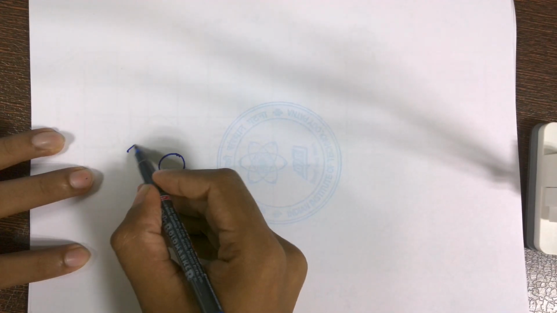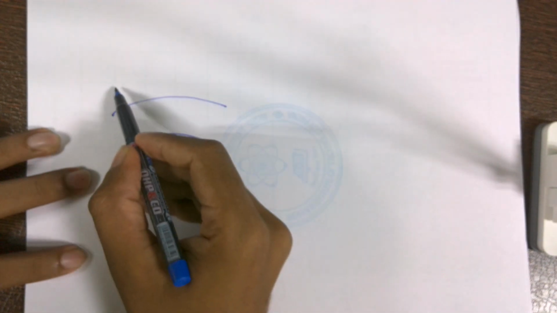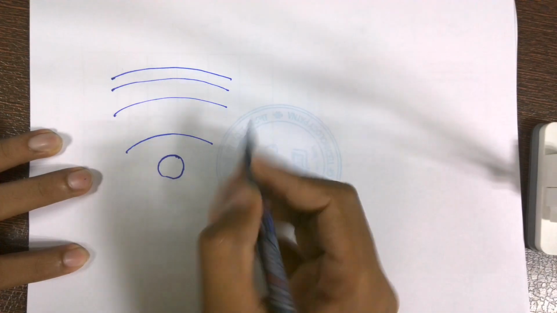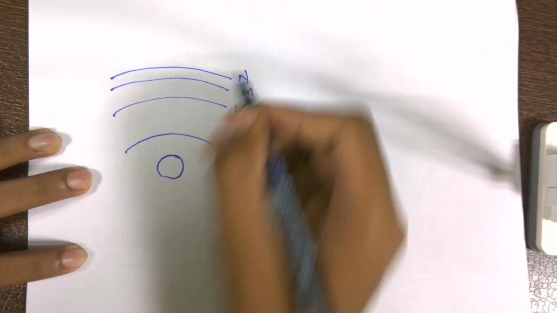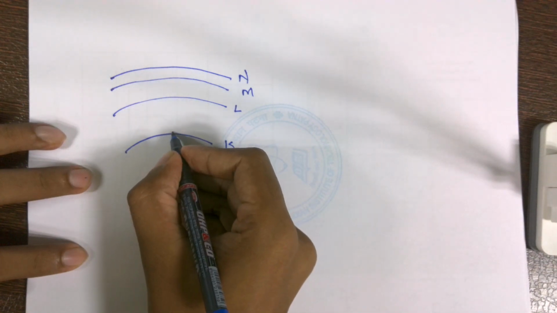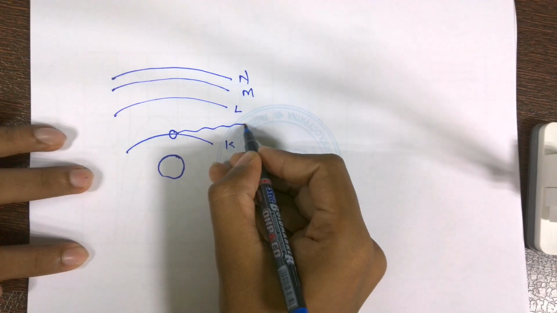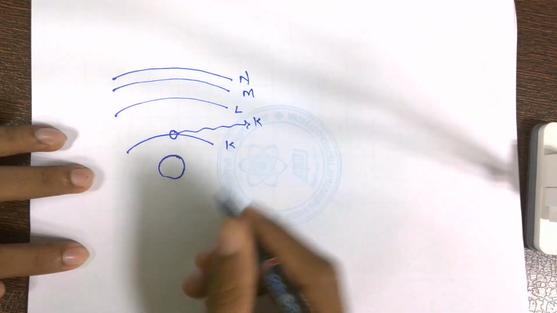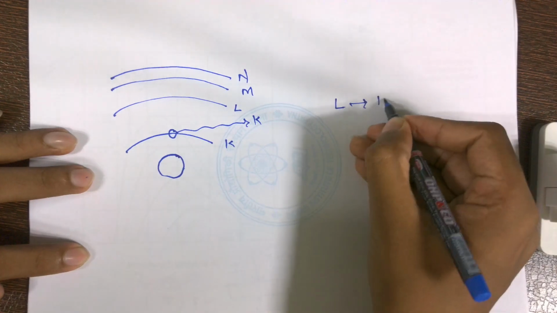Let's say this is the K shell, L shell, M shell, N shell. Even if I remove the K shell electron, now what is going to happen? The transition from L to K will happen.